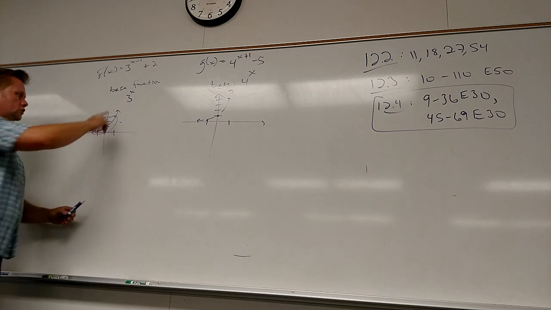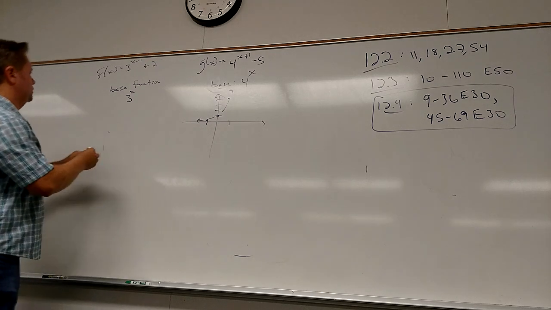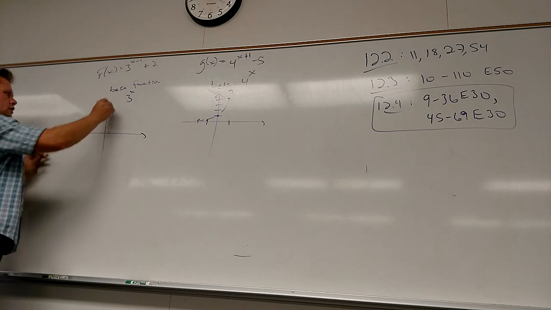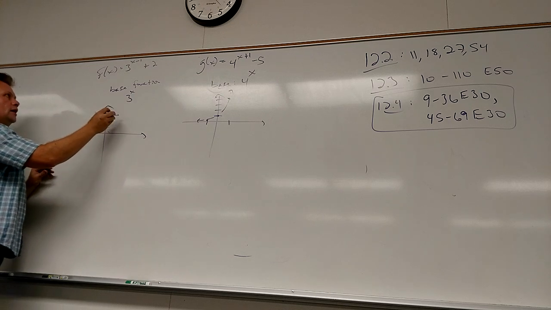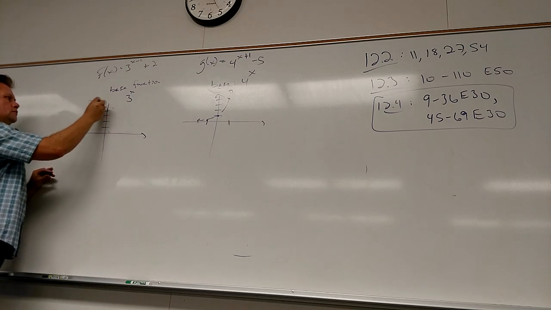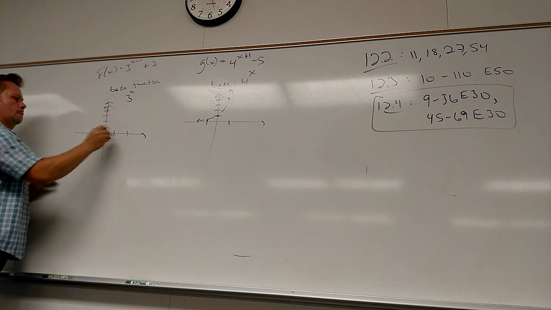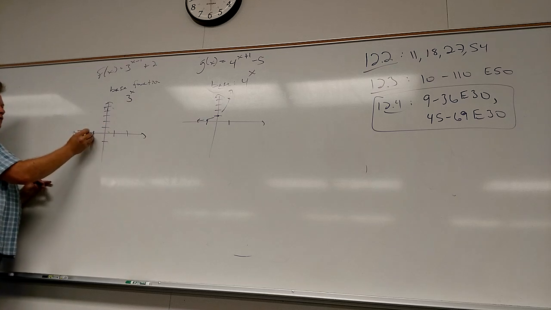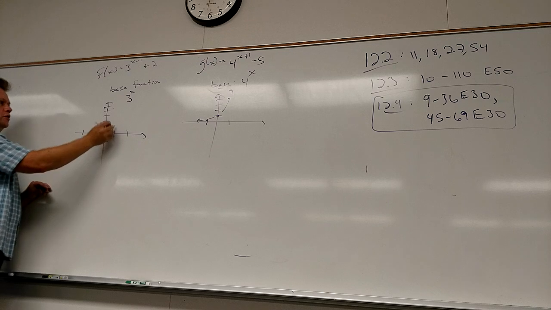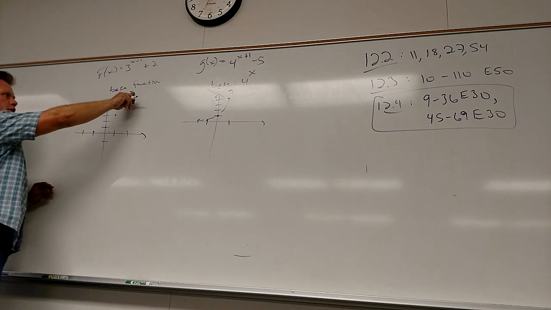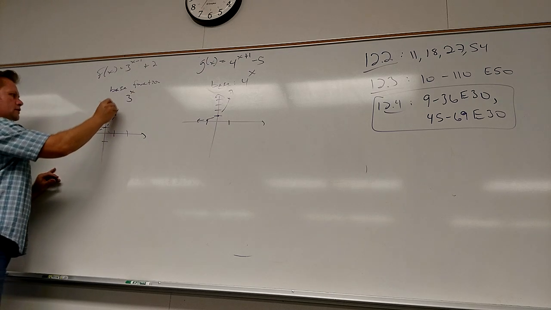Right. So to do this problem out, I would graph the base function, then plus 2. So negative 1, 1/3, 0, 1, 1, 3 for plugging those in. There's my base, and then I would move it.